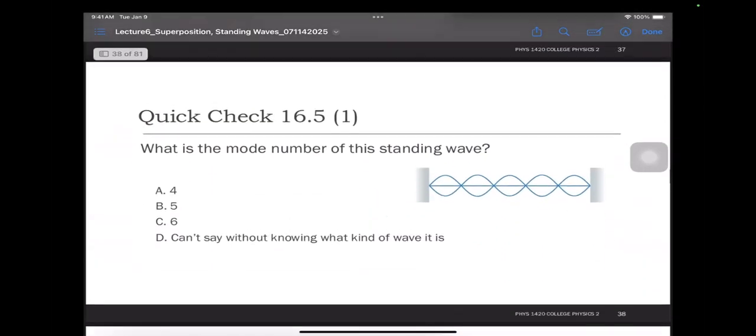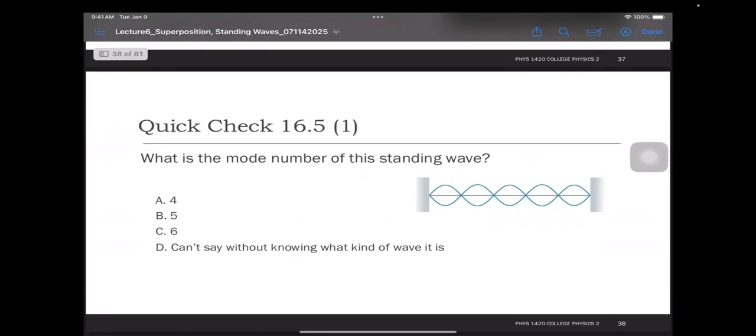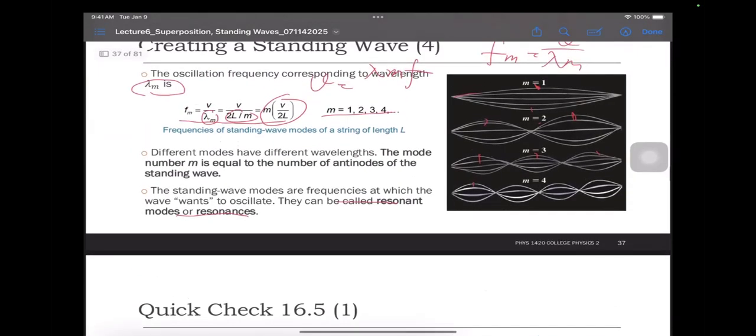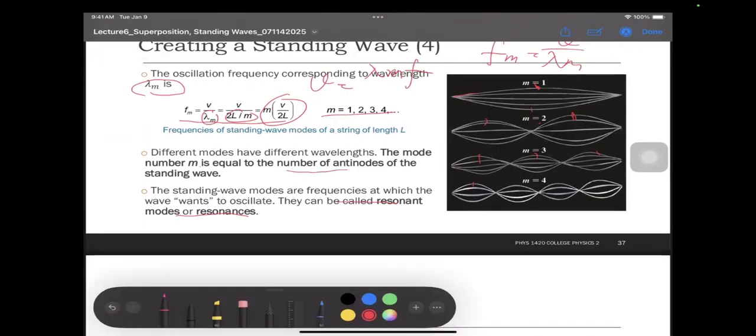Okay, let's review some quick check questions. What is the mode number of this standing wave? We talked about the mode number m being equal to the number of antinodes of the standing wave, am I right?